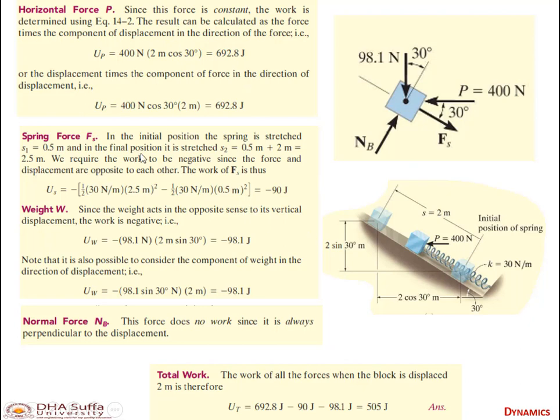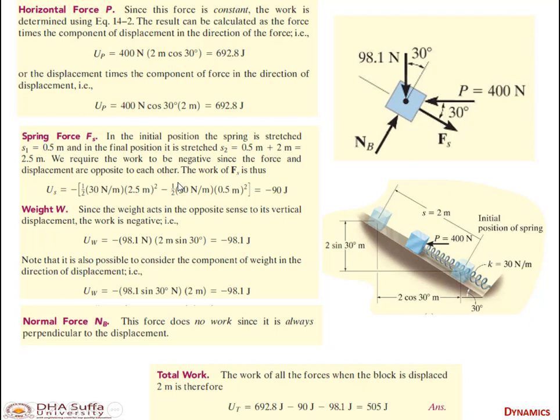Now moving towards the spring force. In the initial position, the spring is stretched. S1 is 0.5 as mentioned in the question, and the final position is S2, which is 0.5 plus 2, which is 2.5. We require the work to be negative since the force and displacement are opposite. So the spring work US is minus 1/2 times 30, the K value, times 2.5 squared, the final value, minus 0.5 squared, the initial value. This 2.5 is taken from your reference point, so you should be very careful, it cannot be 2, right?